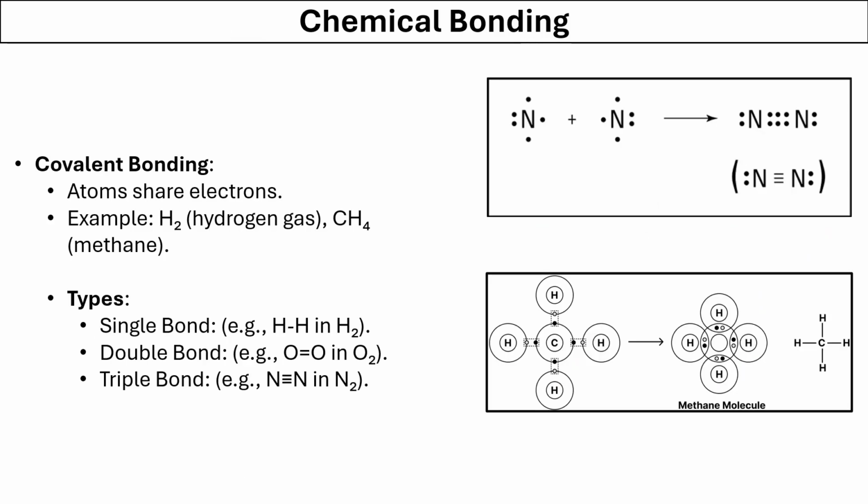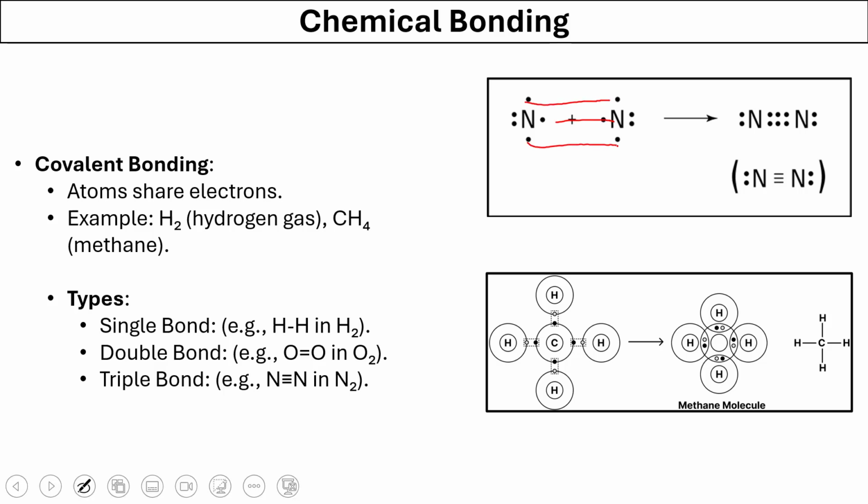In another situation you have covalent bonding. Covalent means both the atoms involved have equal tendency or equal valency, and therefore instead of completely transferring an electron from one atom to another, they prefer sharing their electrons.